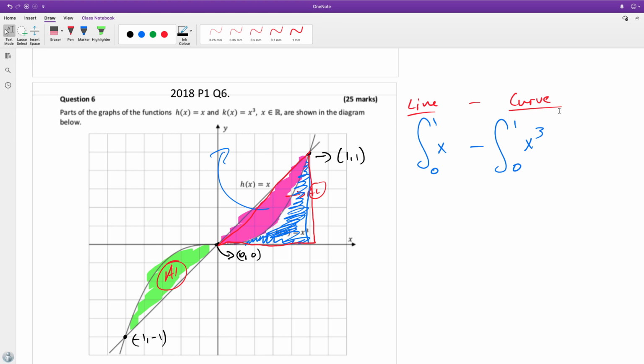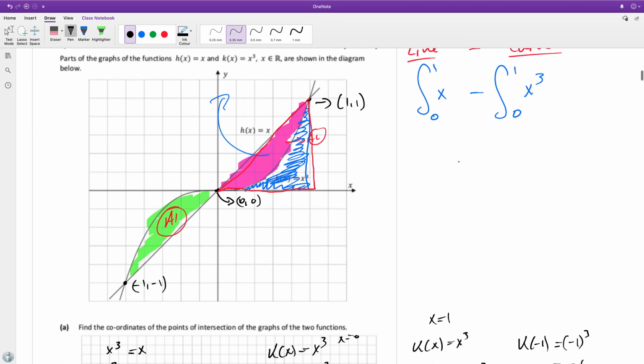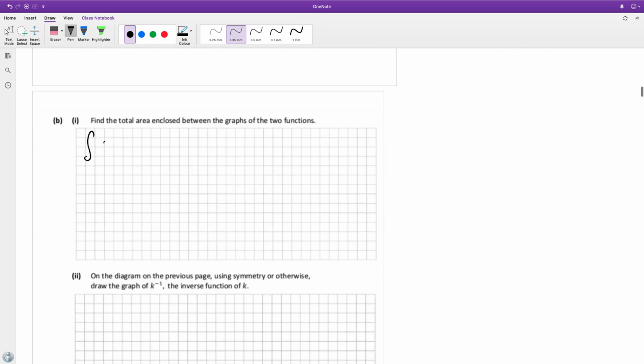Right, let's have a little look at it. So then, that is the integration of x between 1 and 0 minus the integration of x cubed between 1 and 0. That is x squared over 2 between 1 and 0 minus x to the power of 4 over 4 between 1 and 0.